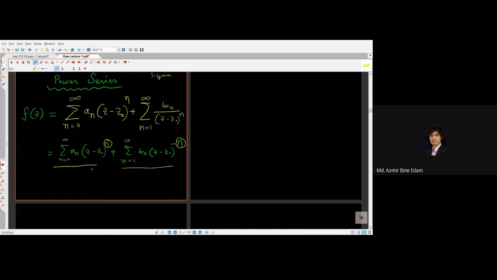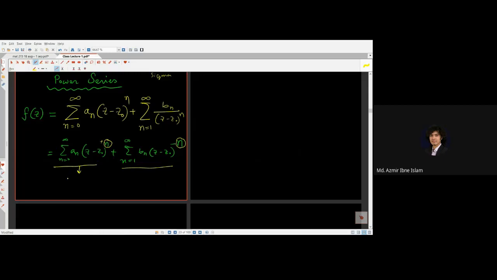This is an infinite series because it is going to infinity, and this is another infinite series. The first infinite series is for positive powers and the second is for negative powers of z minus z naught.